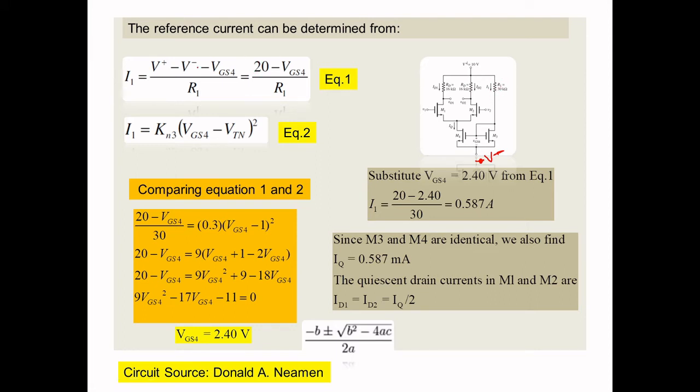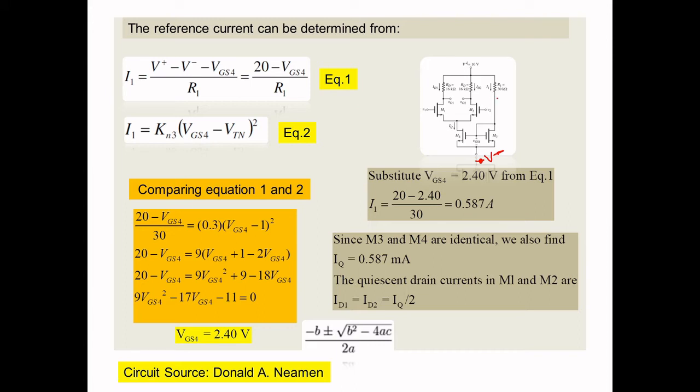That gives V plus minus V minus minus this drop divided by R1. We will get 20 minus VGS4 divided by R1. I consider that as equation 1.